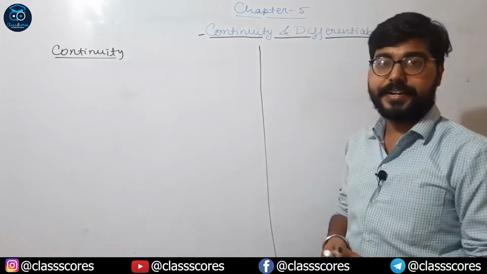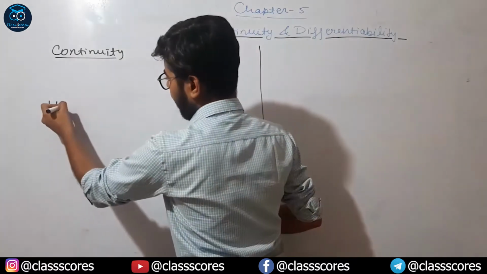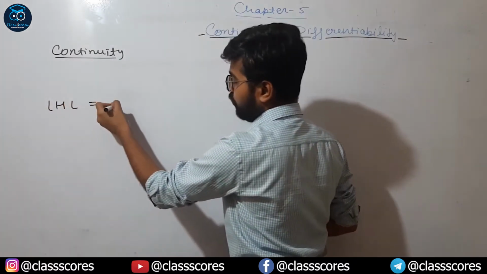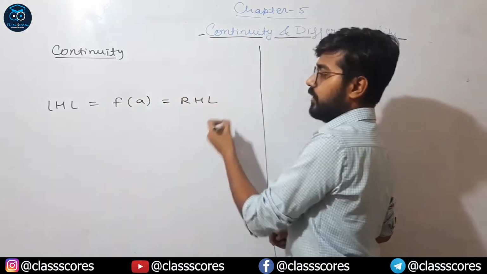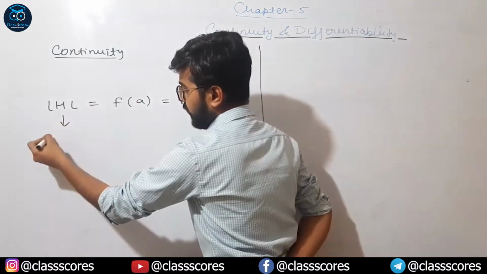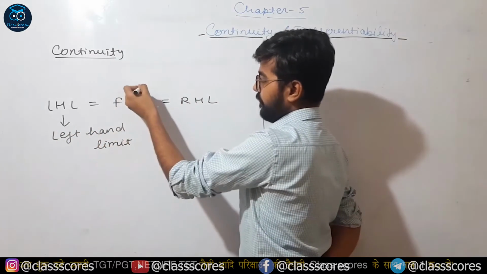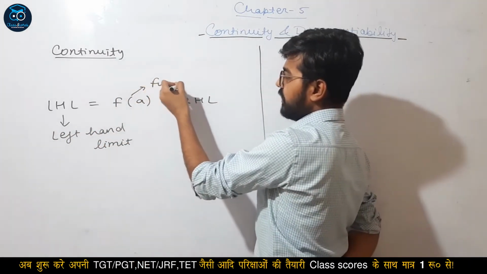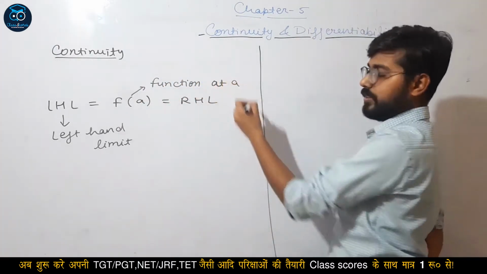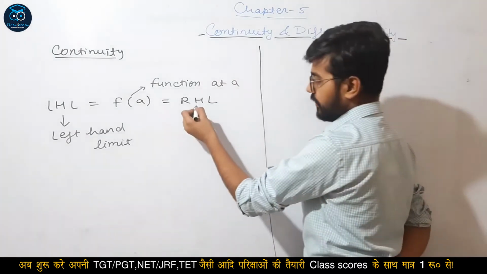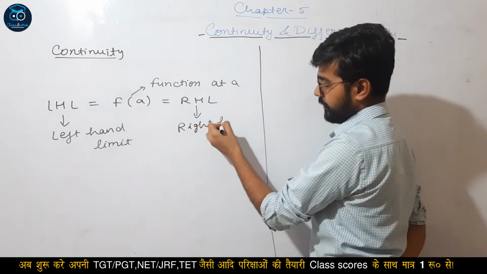Now we can identify the continuity by this equation: LHL equals function at a equals RHL, where LHL represents the left hand limit, f(a) represents the function at some point a, and RHL means the right hand limit.